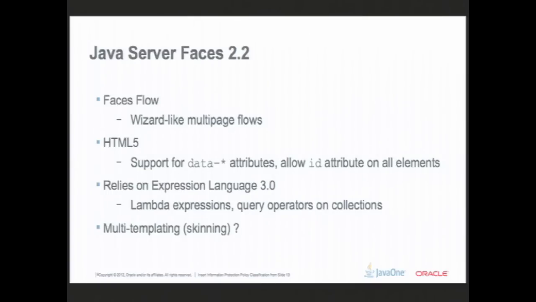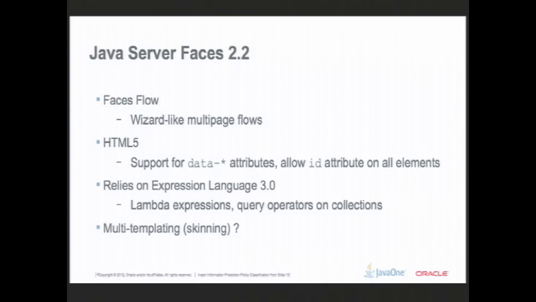Let's now talk about some of the more prominent specifications in EE 7 and what we can expect in the established technologies. So I think JSF 2.0 was a really good release of JSF, and even the biggest haters of JSF 1.x needed to say that JSF 2.0 was much better, and it really worked.